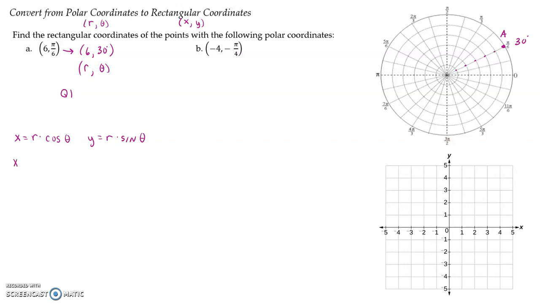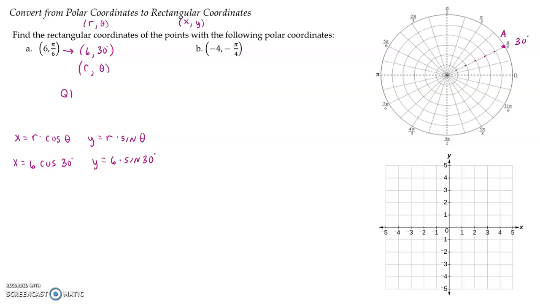Let's plug in what we have. I'm going to work in degrees for right now. So our r value is 6, and we have cosine of 30 degrees. And for our y value, we're going to have 6 times sine of 30 degrees.